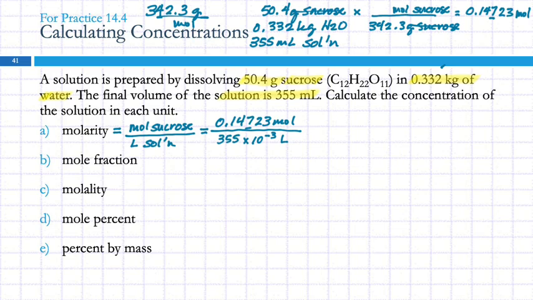So 0.14723 divided by 355 times 10 to the minus 3.